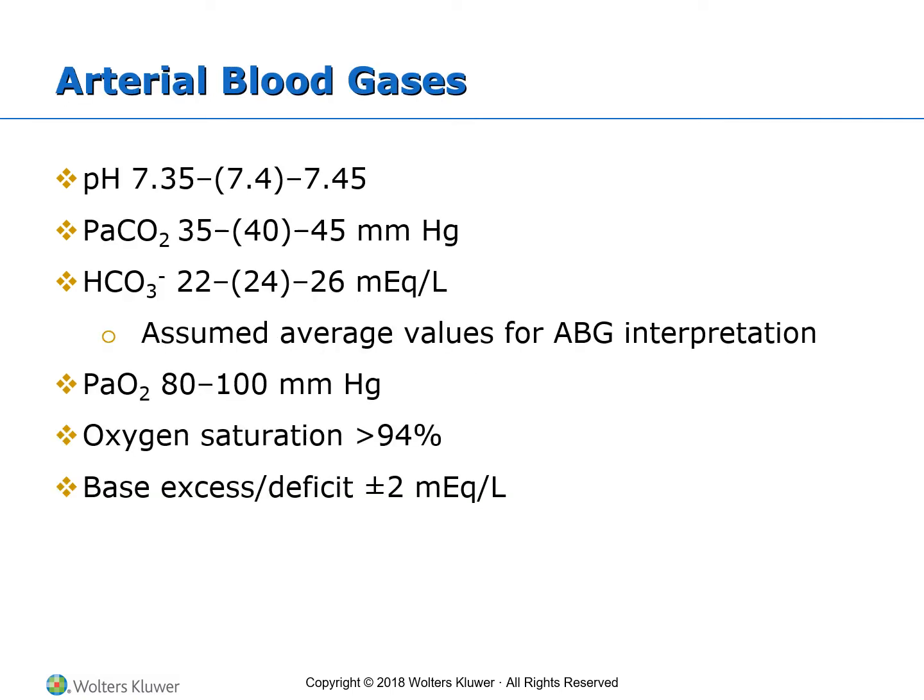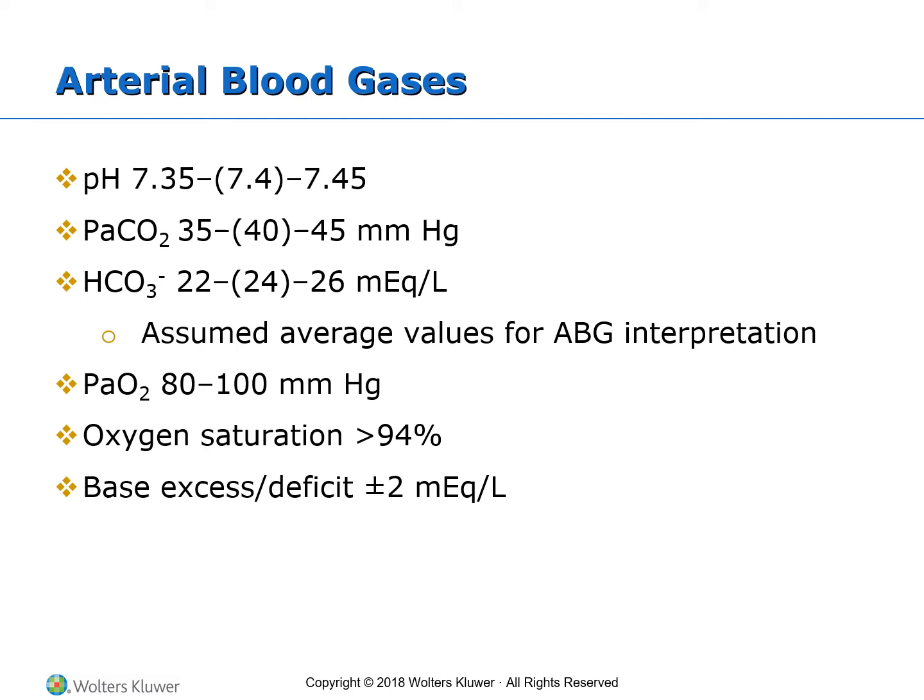Arterial blood gases, this is how you are going to check for any acid-base imbalance, whether you have acidosis or alkalosis. Your pH is generally going to be 7.35 to 7.45. Your arterial CO2 is going to be 35 to 45.